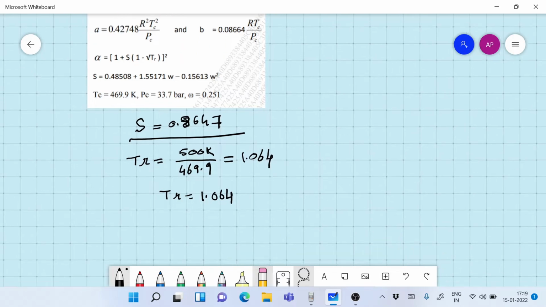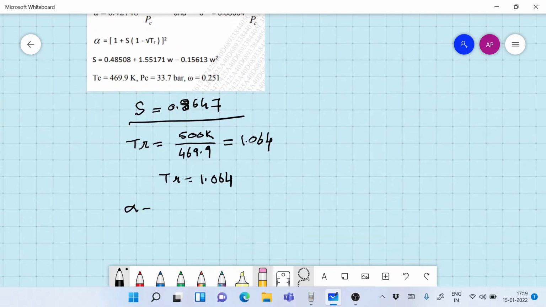Further, we proceed to calculate alpha, which is nothing but 1 plus S, that is 0.8647, multiplied by 1 minus the square root of the reduced temperature, which is 1.064, the whole square.